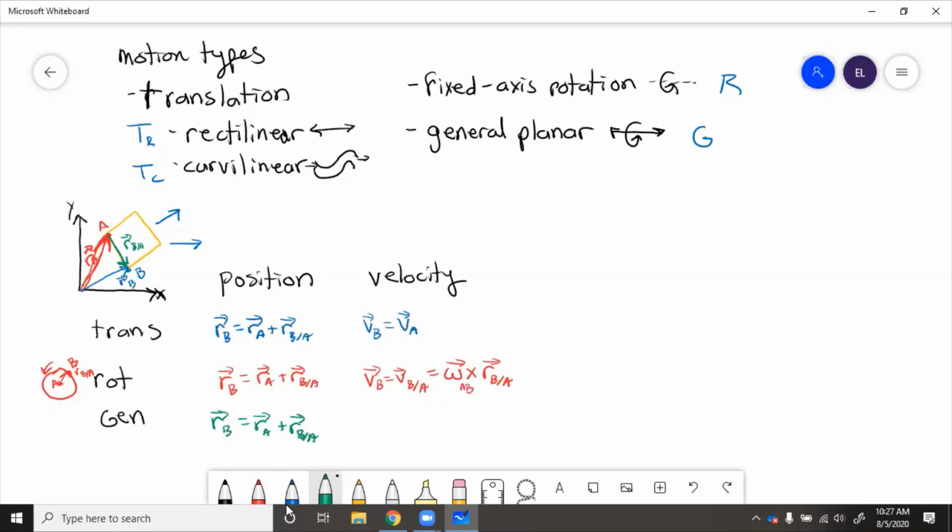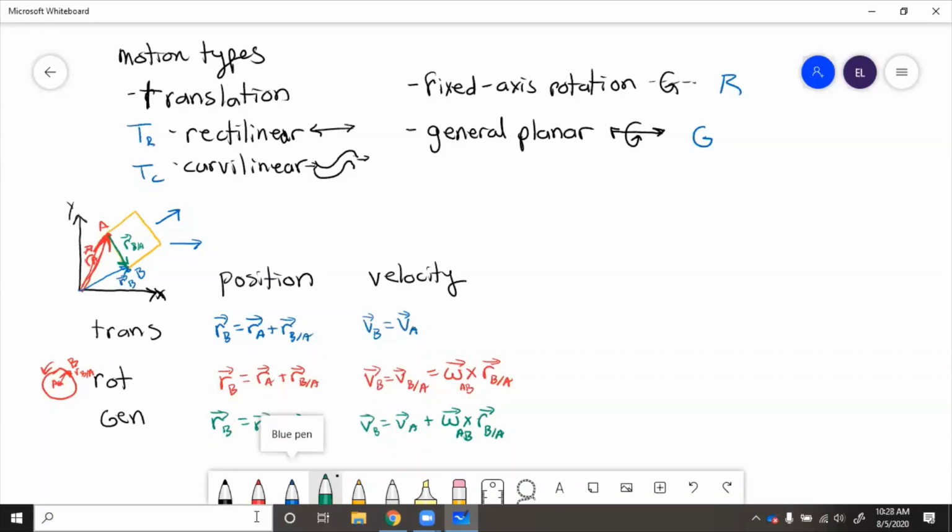So it's always coming out of the page if the rest of the motion is xy. And then finally, general planar motion combines these. So VB equals VA plus omega cross RB with respect to A. And because a rigid body can have multiple points on it, you kind of get a chain reaction here.